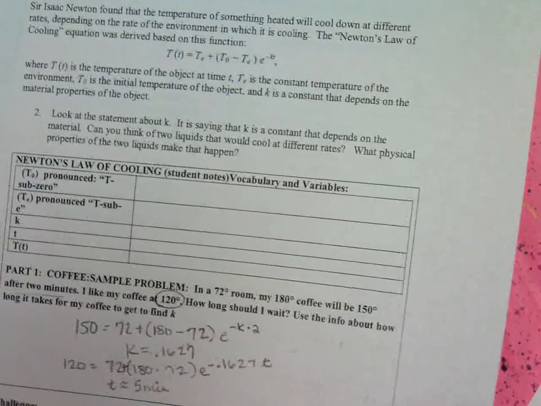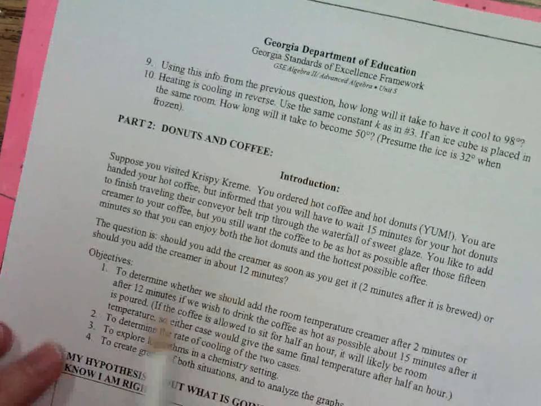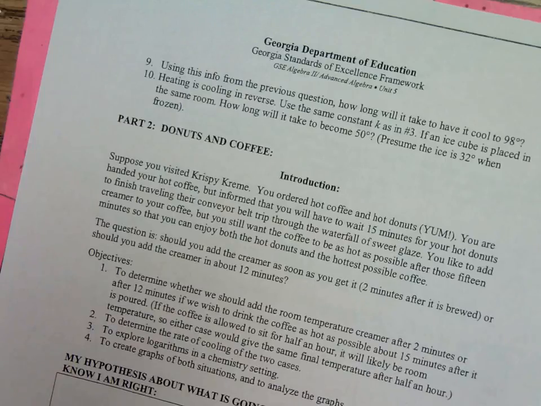All right, let's look at, flip this over. I just want to talk about number 10 for just a minute. Heating is cooling in reverse. Makes sense, right? Okay. Use the same constant, K, as in number 3.